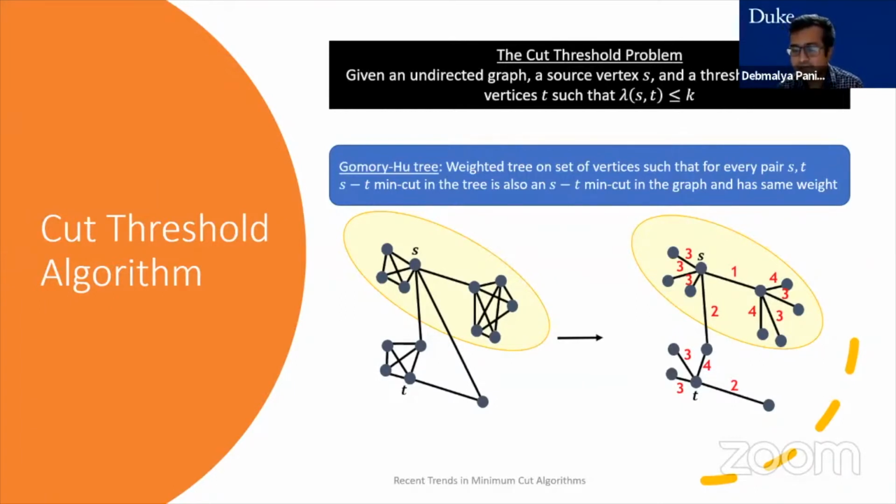If you do that, the Gomory-Hu tree property says that what you will get in the original graph is also an S-T min cut, and the value of that min cut will be exactly equal to the weight of this edge in the tree. So the S-T min cut in the tree corresponds to an S-T min cut in the graph, both in terms of how the vertices are bipartitioned and in terms of the weight of this cut. So that's what a Gomory-Hu tree is.